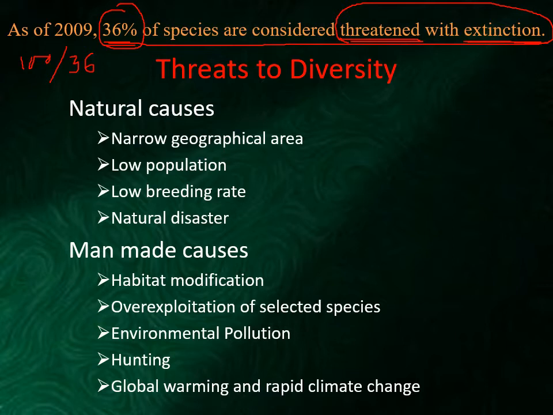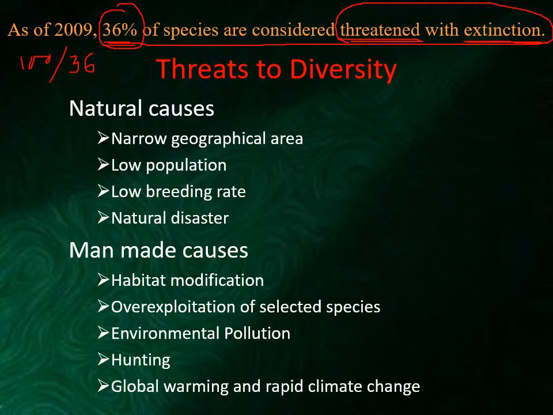Also, the variation of different gene interaction will not occur. That means if a gene pool, if certain types of gene are restricted only to a particular place, then with the reproduction process only those genes are carried to the next generation.